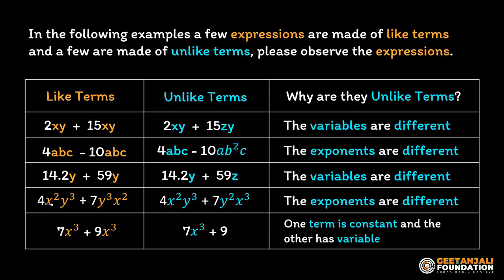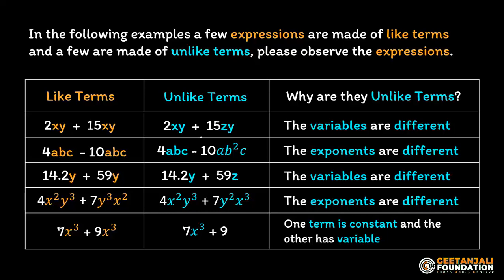Here same variables with the same exponent, although the order has been changed. Here x square has come first, here y cube has come first. That is absolutely fine. You just have to check their variables along with their exponents. It should be the same. So this expression is formed by two like terms. Similarly here x cubed and x cubed. Since these two are same, these are like terms.